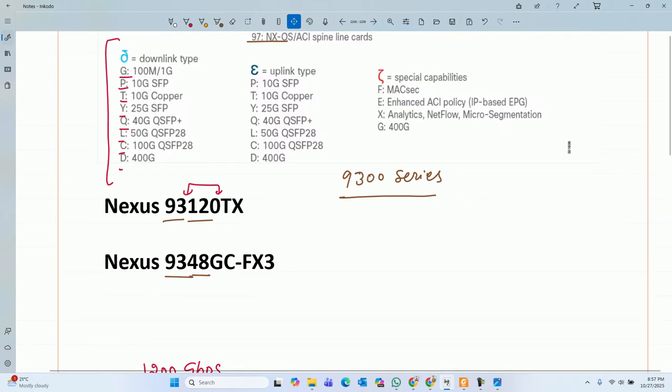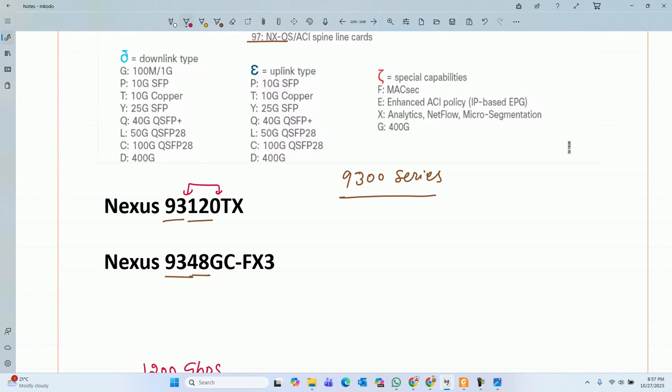Then we have the types of interfaces or the bandwidth. Here you see that we have T, which means it can go up to 10 Gbps. It also has a 40 Gbps interface, but they have removed Q here. It must be having the Q, TQX.